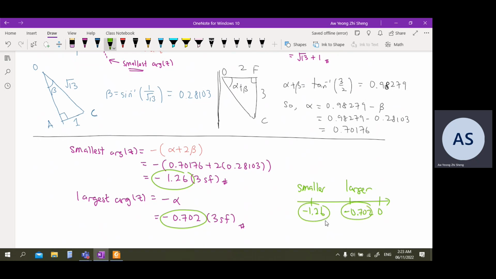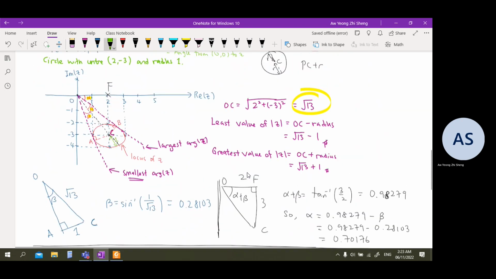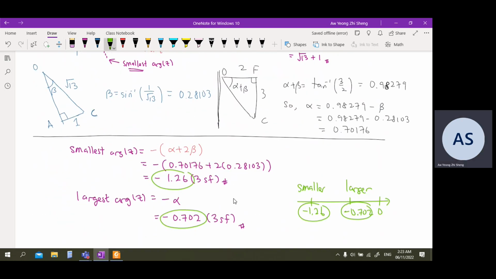So it makes sense to have negative 1.26 as the smallest and negative 0.702 as the largest. Don't get confused between smallest and largest when you have negative angles. Just follow their relative positions on the number line to decide which one is small and which one is big.